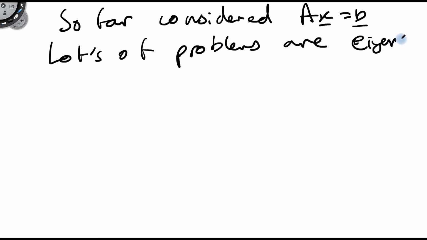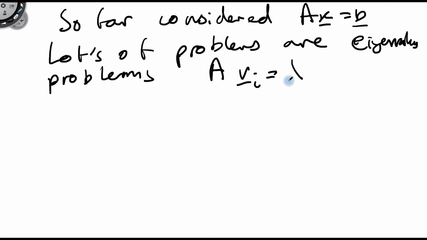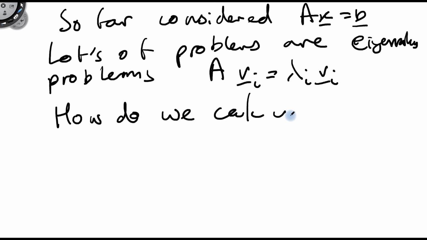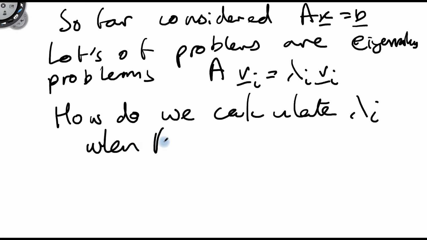So we've used eigenvalues, but that's A v_i equals lambda_i v_i. Now we've done the eigenvalue problem for small matrices, but how do we calculate lambda_i when A is large?